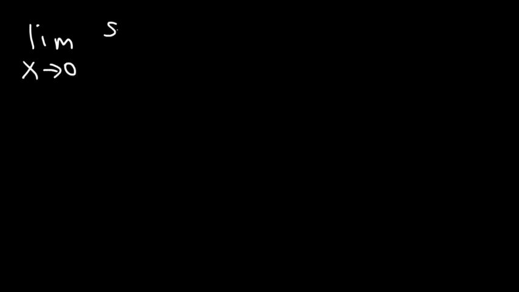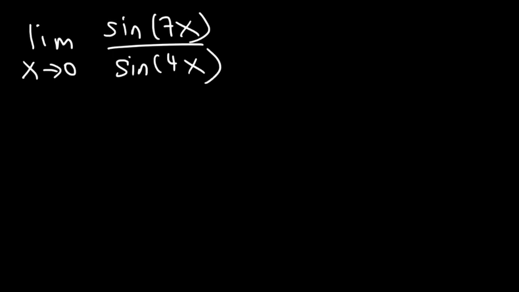Let me solve another question, that is limit x tends to 0 sin 7x divided by sin 4x. So if I consider this question as an 11th class question, then I have to divide 7x in numerator and divide 4x in the denominator, and I have to proceed like that.